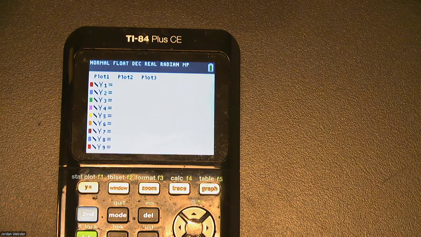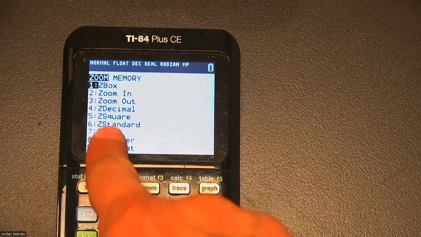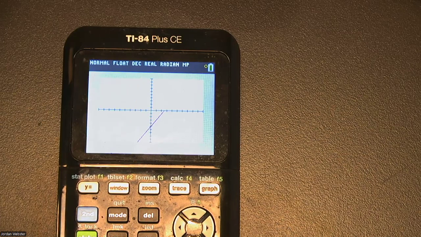Y equals: one of them was y equals 2x minus 5. The other was y equals 3/4 x minus 5 halves. You could have also written 0.75x minus 2.5. And then I'm going to zoom standard to see if I can figure out where those two lines cross.